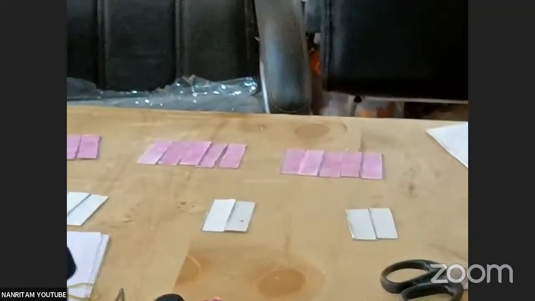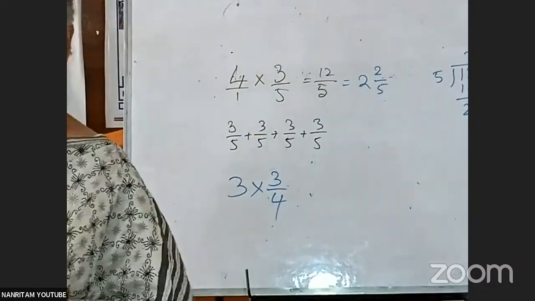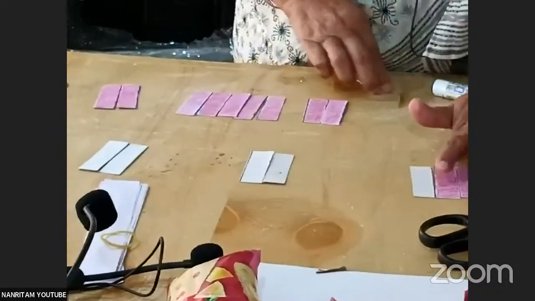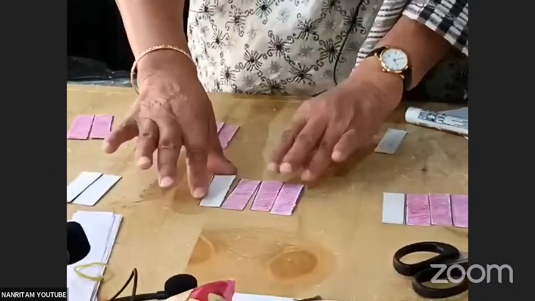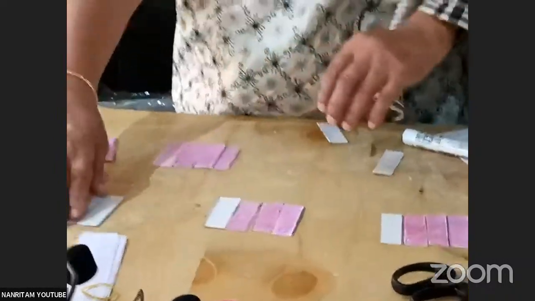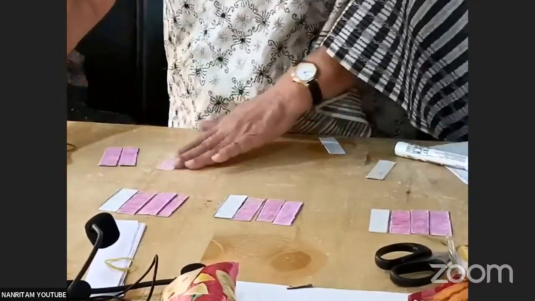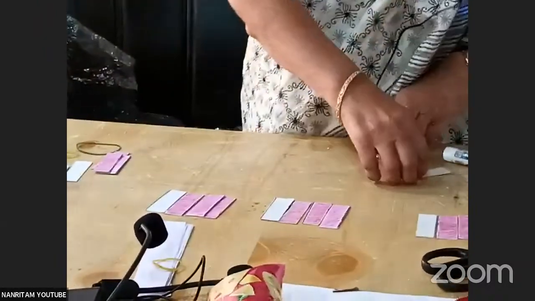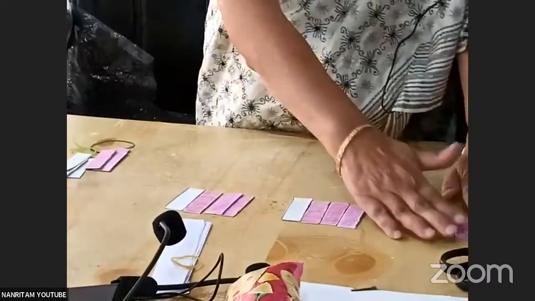Take the cheese box and just change it to 3 into 3/4, the same way. Example, this 3/4 for kids. We are adding 3/4 cheese boxes.